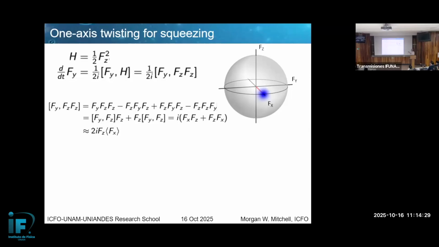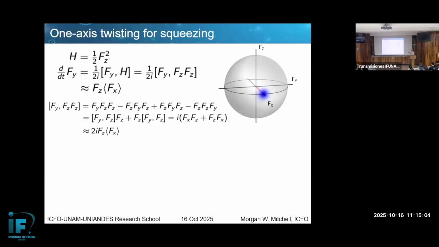And since Fx is large, then I can take that to be its average value, and I get this simpler form that involves just an Fz component. But it means that the time rate of change of Fy is approximately Fz times Fx. Fx is some large thing that is approximately constant, but Fz is still an operator.